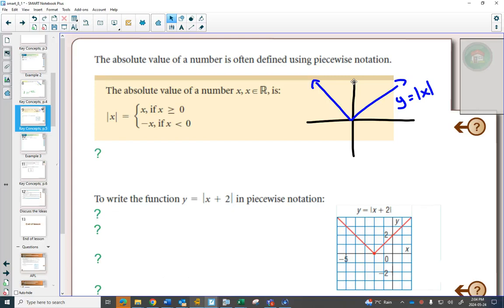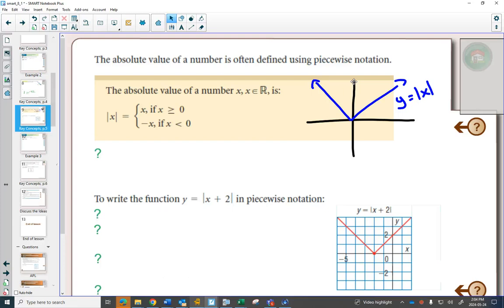But when x is less than 0, now, what line is this? That's the graph of negative x. And anytime you flip a graph up, all you have to do is multiply by a negative. Numerically, do you see that this works? If x is 5, it falls into this section. What's the absolute value of 5? Just 5.